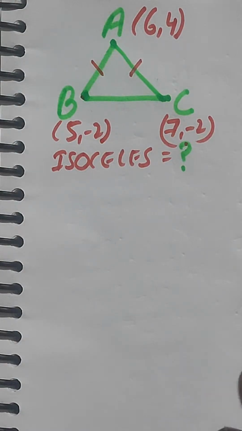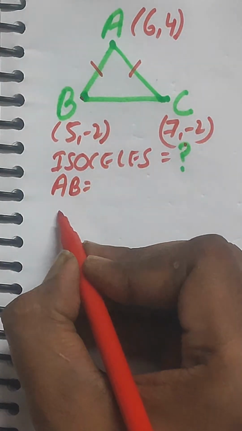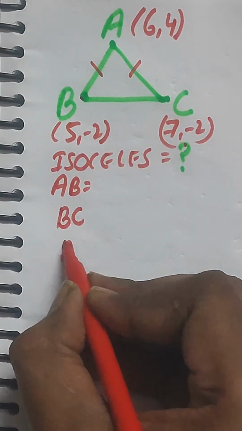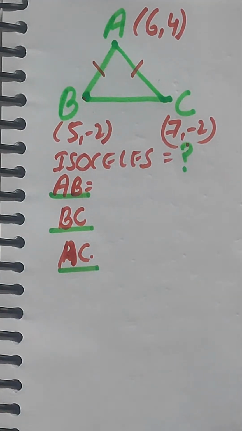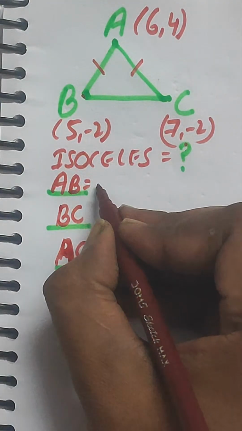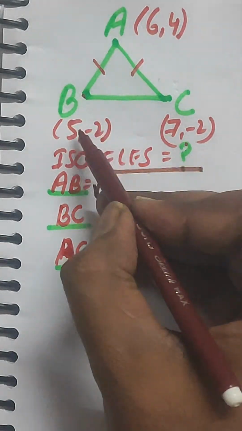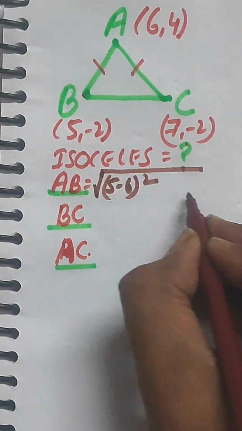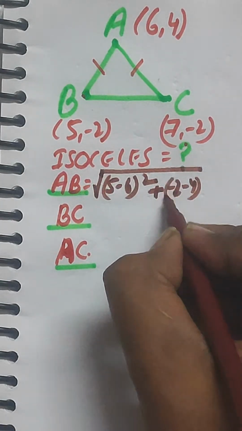So to conclude that, you need to find the length of AB, you need to find the length of BC, we need to find the length of AC. Just calculate AB, BC, and AC using the distance formula, nothing else. So when you are calculating the length of AB, you apply the distance formula, root over of 5 minus 6 whole square, plus minus 2 minus 4 whole square.